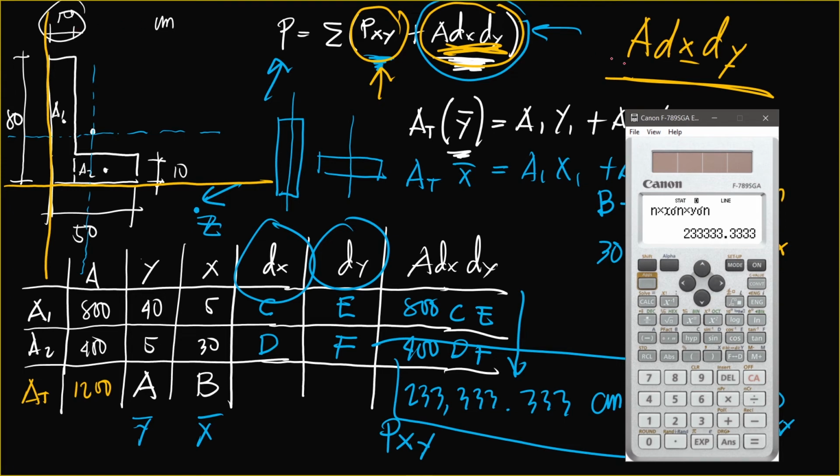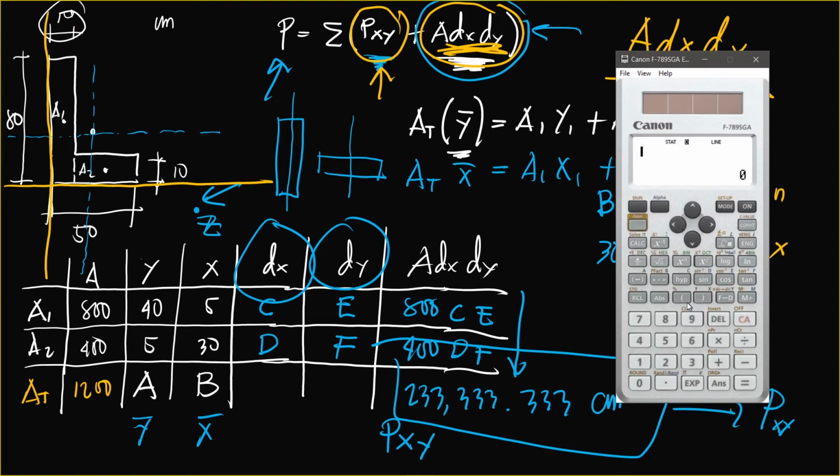So we can still get the product of inertia and the moment of inertia. Okay, moment of inertia.